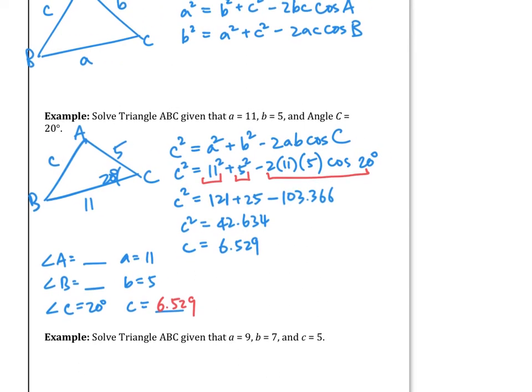Okay, so I'm going to set it up for you. You're going to solve for angle A yourself. So since angle A is the angle you're trying to find, you're going to start with its opposite side. So formula that uses its opposite side. So A squared is equal to B squared plus C squared minus 2BC cosine A. Okay, so I'm going to write this on the side.